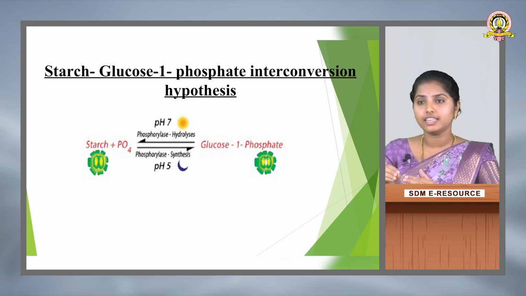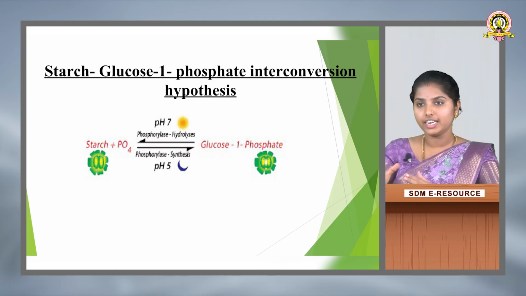This results in an increase in the osmotic concentration of the guard cell, so the osmotic pressure increases and the water potential of the guard cell decreases. Consequently, water moves into the guard cell from the surrounding mesophyll and epidermal cells, so the guard cell becomes turgid and the stomata open, so that transpiration takes place.